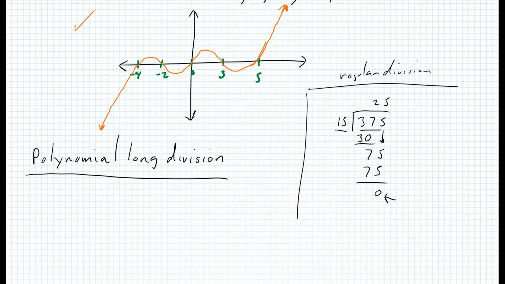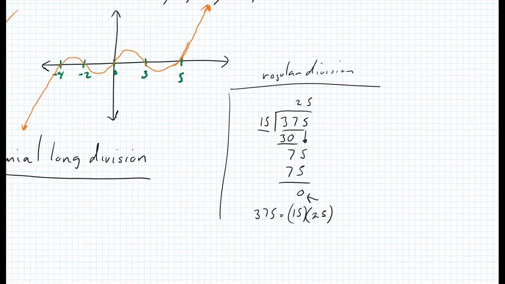Or a better way to think of it is I can write 375 as 15 times 25. Now suppose it doesn't come out 0. Suppose I said 12 into 375. What information does it give me then?